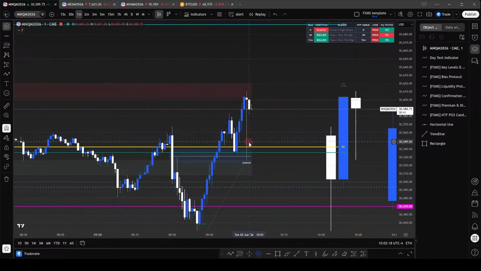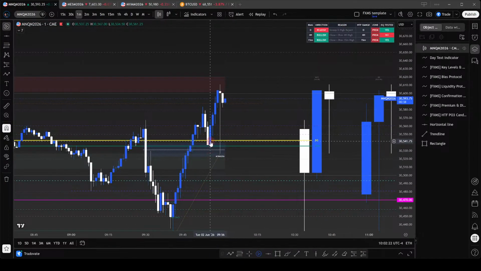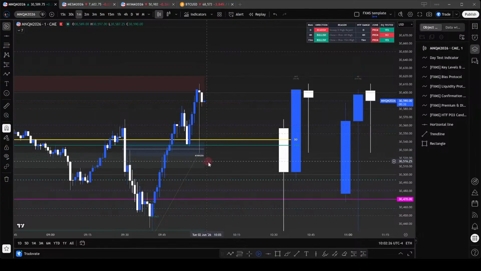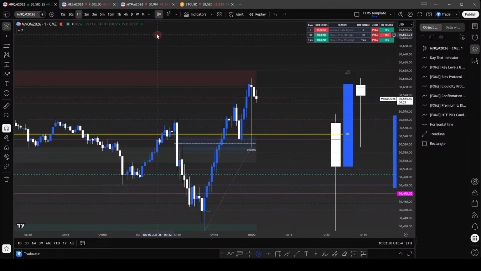Usually when we have big wicks like this, I expect them to be filled. So if we do get a fill and a sweep, we can look for a continuation.